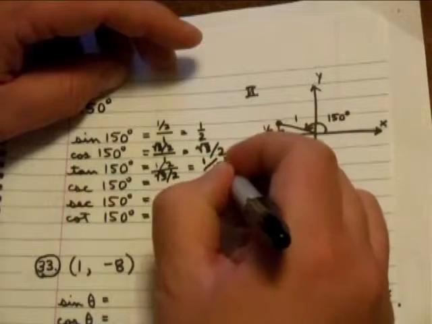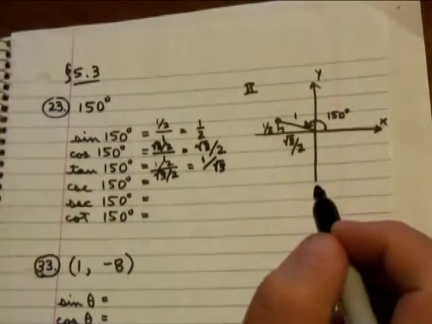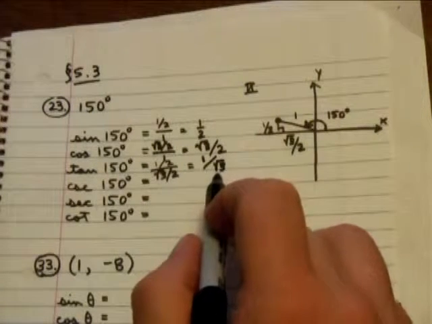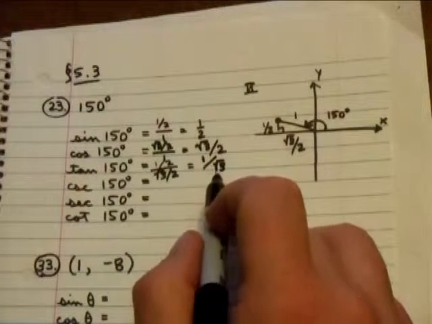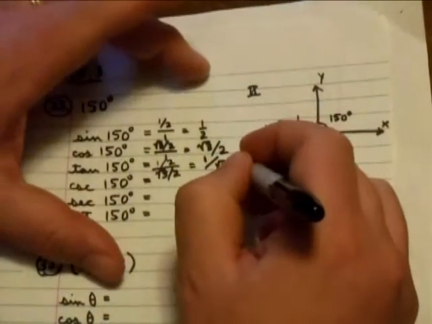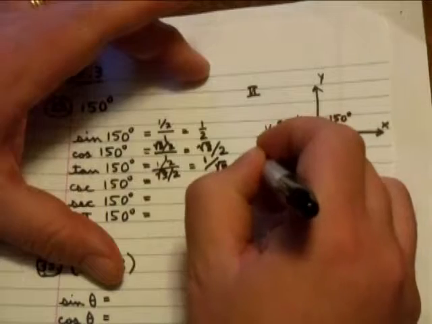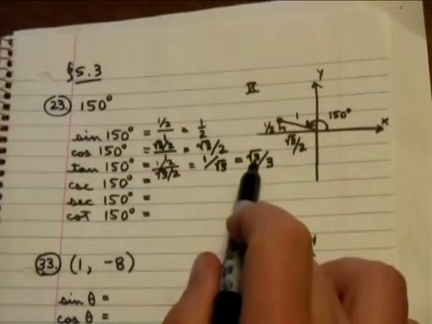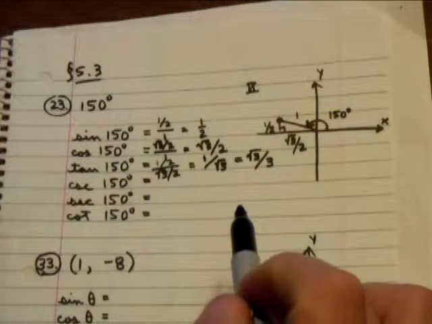So we end up with 1 over the square root of 3, and depending on how picky your teacher is, they may ask you to rationalize the denominator, which in this case would simply mean multiplying the top and the bottom by the square root of 3 so that your answer doesn't have a square root in the denominator. So you'd get the square root of 3 over 3.